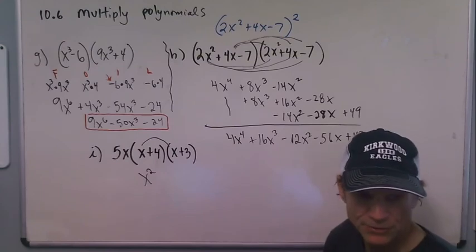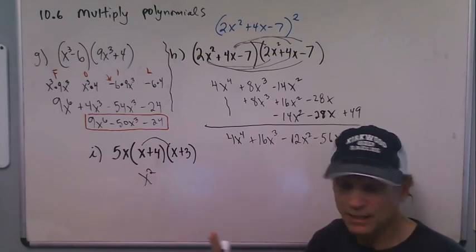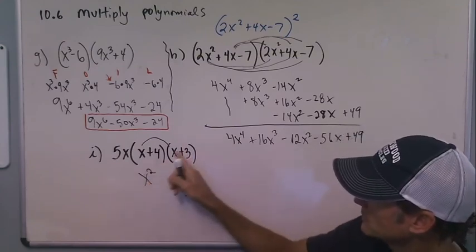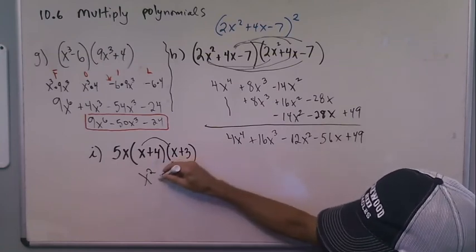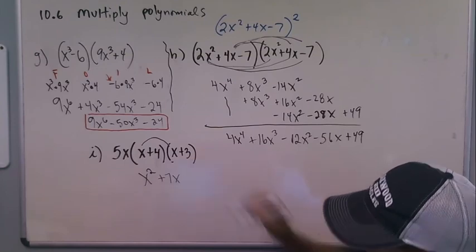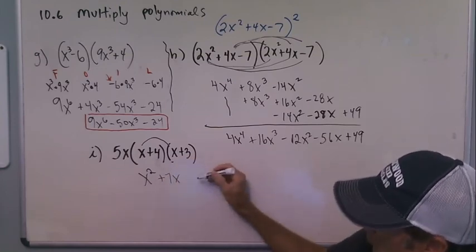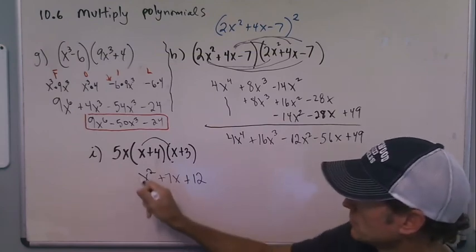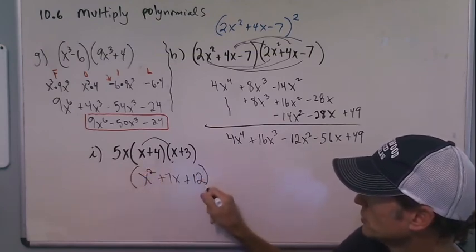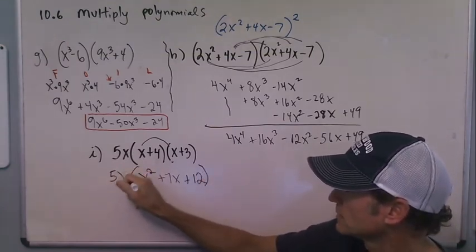Then let's think through this. If I do the outside I get 3x. Inside I get 4x. So I get 7x. That's from O and I. And then I have plus 12. Now be careful, don't write that down as your answer because you still need to distribute that 5x.